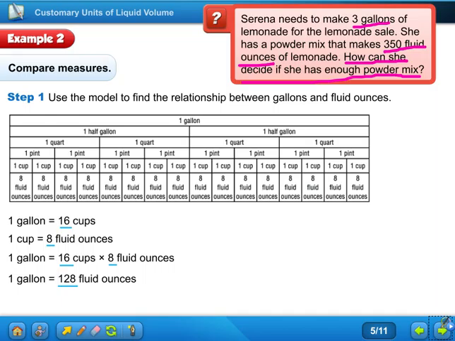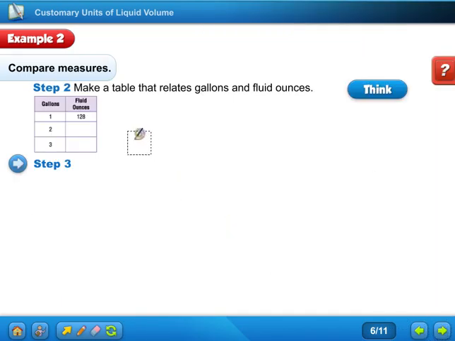So we're going to go to the next step on the next page. We're going to make a table to see if we have enough. So 1 gallon equals 128 fluid ounces. So 2 is going to equal, again, press pause.